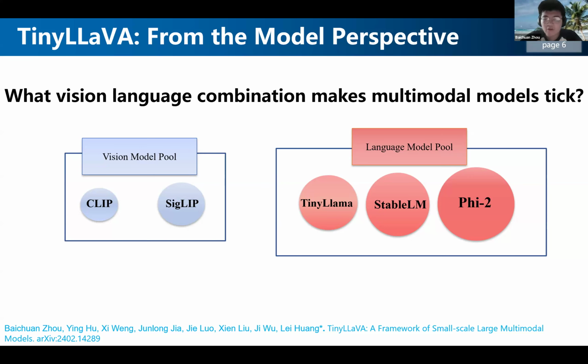So in our paper, we chose CLIP and SigLIP as our primary vision backbone. On the vision model pool on the left, you can see we chose SigLIP and CLIP. And on the right, we pick 3 small-scale language models as our language decoder candidates. From our model pool, we were able to conduct a series of experiments and confirm some valid insights.